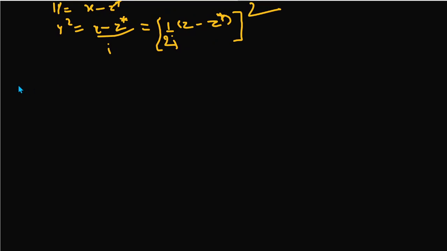And by seeing all this, can I write this? Sigma a square multiplied by sigma b square is greater than or equal to 1 over 2 iota, z minus z complex conjugate, whole square.